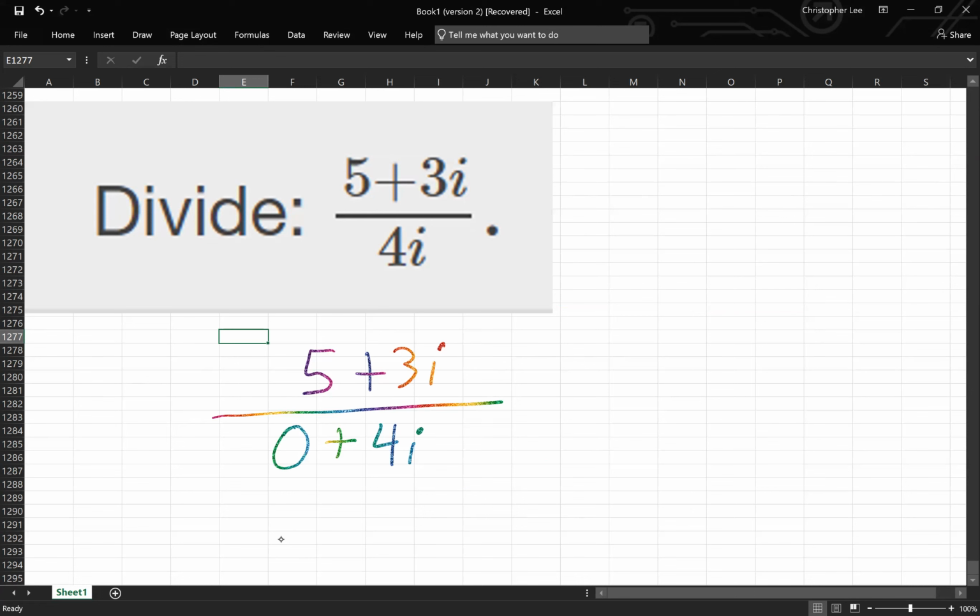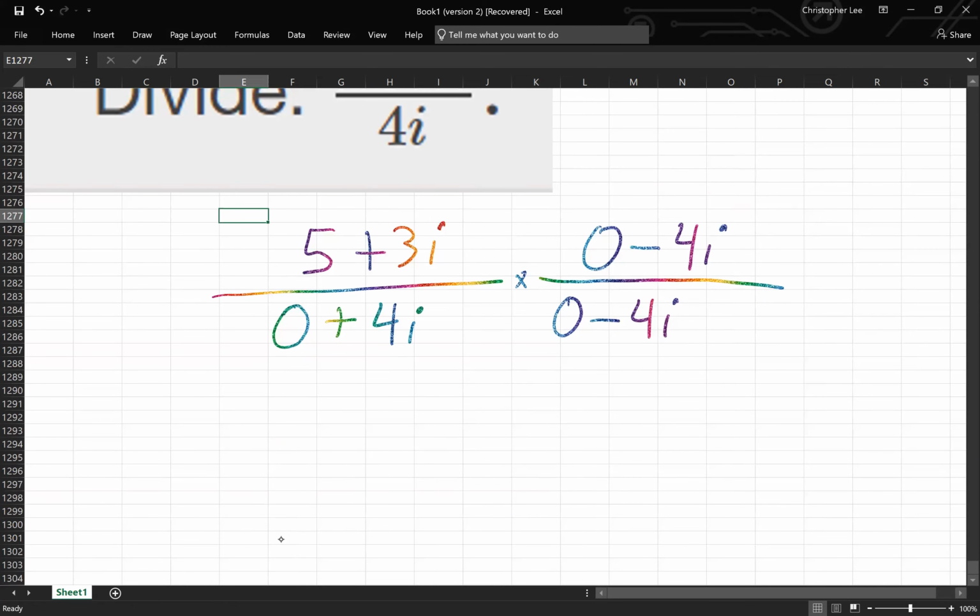So what's the conjugate of this one gonna be? 0 minus 4i. And what I do to the bottom, I do to the top. 0 minus 4i. Now distribute and do what you know how to do. So 5 times 0, 0. 5 times -4i, -20i. 3i times 0, 0.